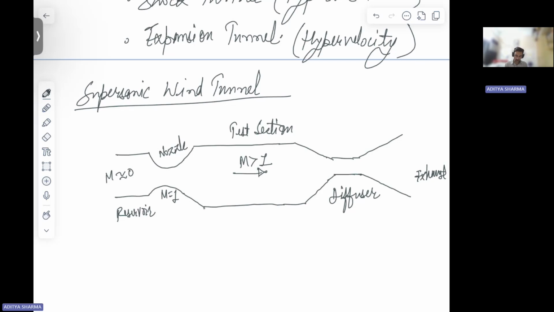Then at the diffuser, again, the flow is decelerated, and eventually it is exhausted to the atmosphere. So this is about your supersonic wind tunnel.